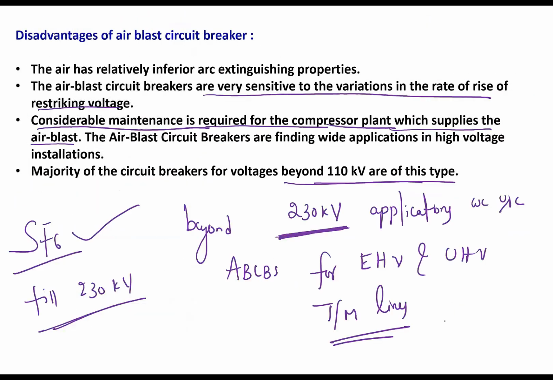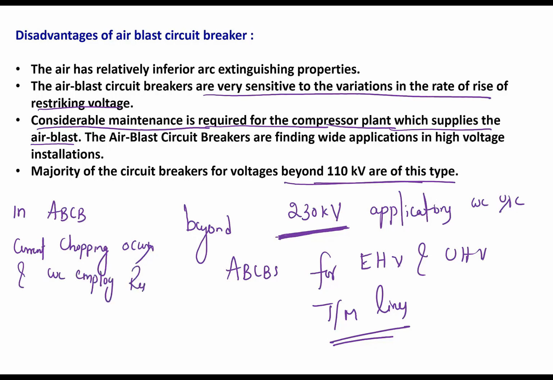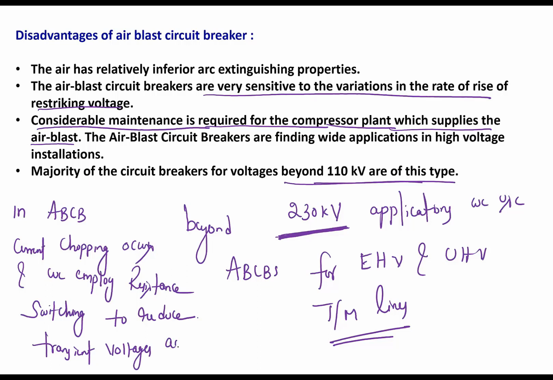So in air blast circuit breakers, in ABCB, current chopping occurs, and we employ resistance switching to reduce transient voltages across circuit breaker poles during current chopping.